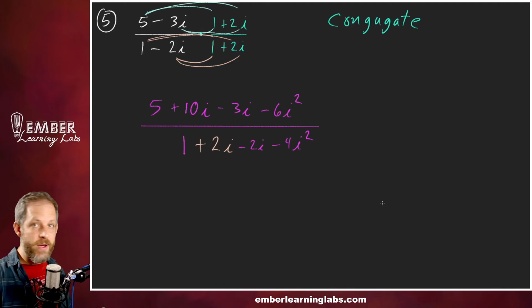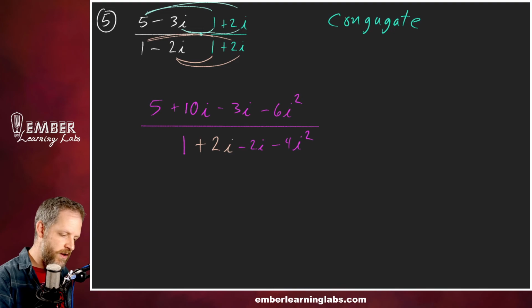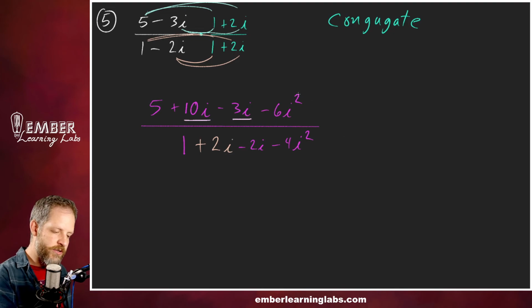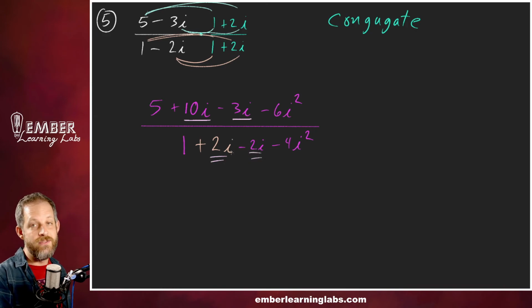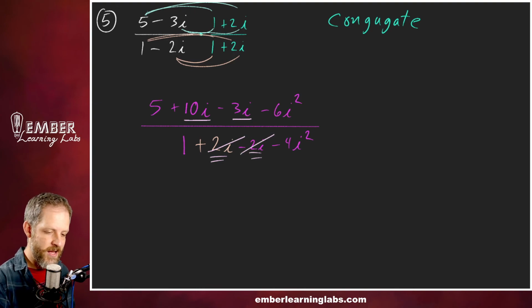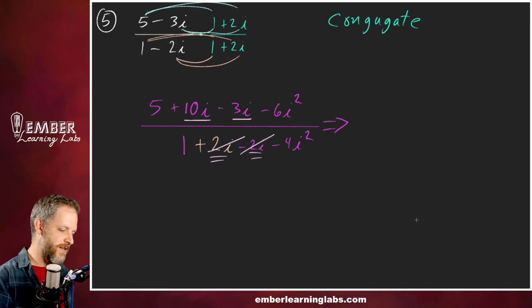Okay, now we've got to look at our cleanup phase. So we've got a like term up here, this and this. We're also going to deal with these squares, and we're going to combine this one with this one, which you notice 2i minus 2i cancels, which is what I told you was going to happen. I didn't lie to you yet. You never know. It might happen eventually, just not yet.